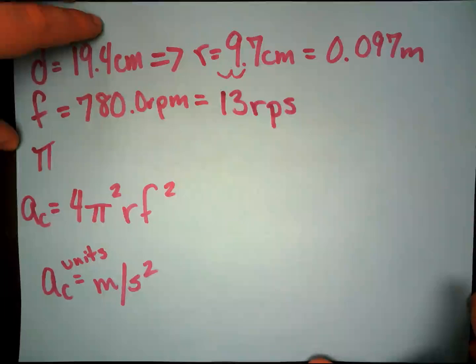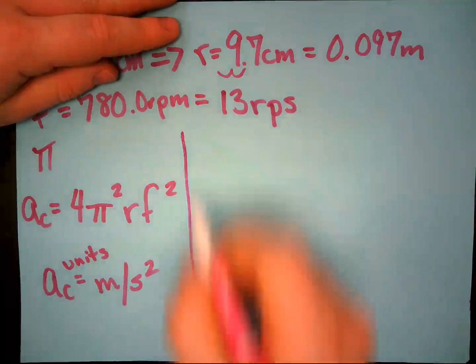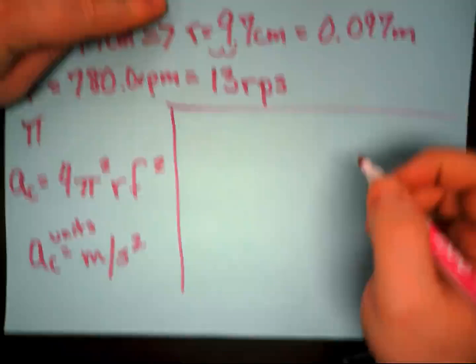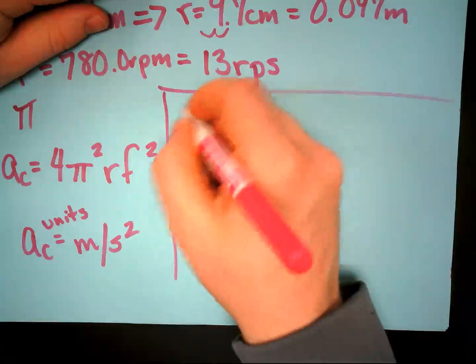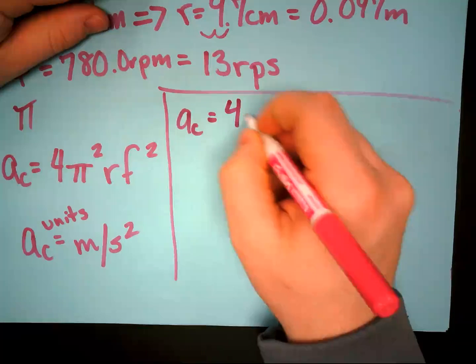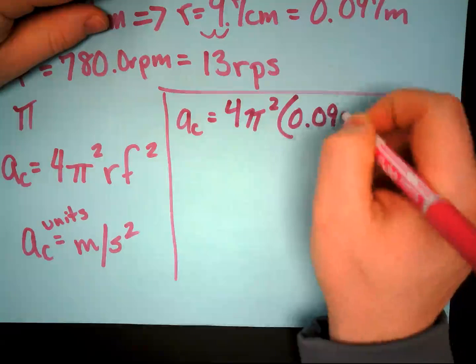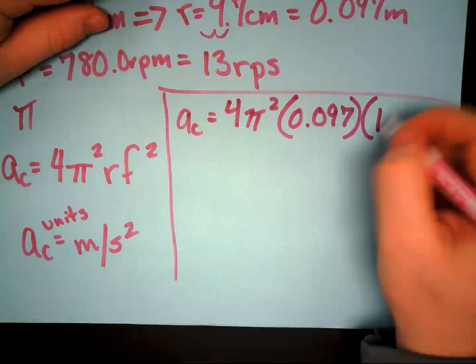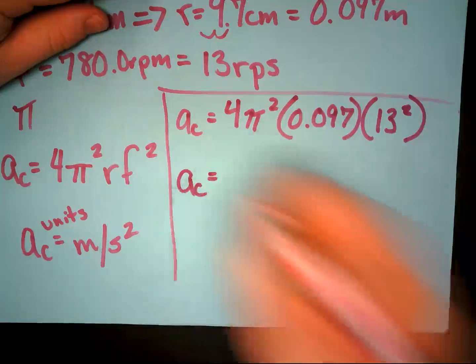We can move right along to find the centripetal acceleration. Let's plug all these in. A lot going on, so I'm going to separate this. Centripetal acceleration is equal to 4 times pi squared times the radius, which is 0.097, times the frequency, which is 13, so 13 squared.